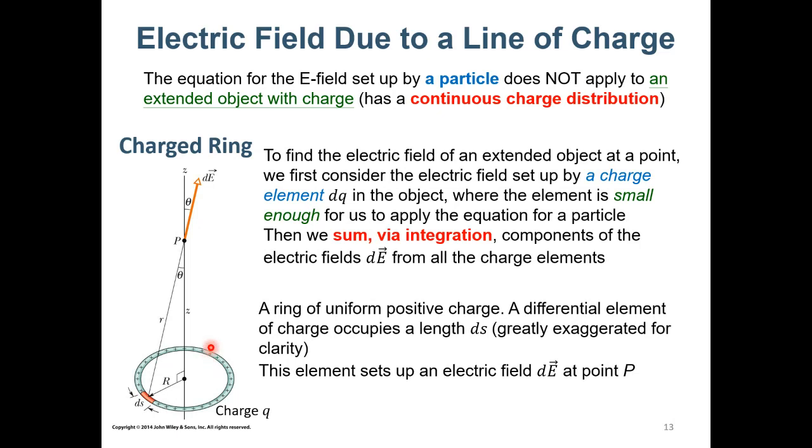You try to separate the ring into many small enough elements so that we can regard a small element as something similar to a point charge, and then we add all of the small elements together, which is actually the integration you learn in the calculus class, the Riemann sum.